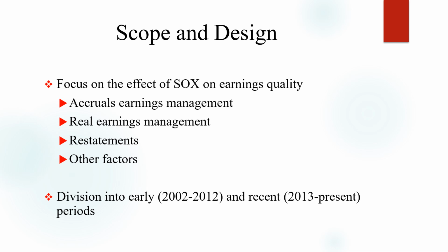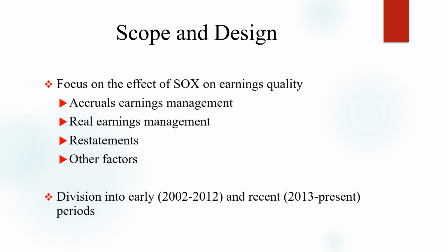I've also divided this into the early period, which is roughly the 10 years following Sarbanes-Oxley, and the more recent period, which is 2013 up until the present. And there's a reason that I've made this division. I told you that prior studies were trying to answer largely the question of whether there was a net benefit or a net cost. I do not try to do that in this study whatsoever.